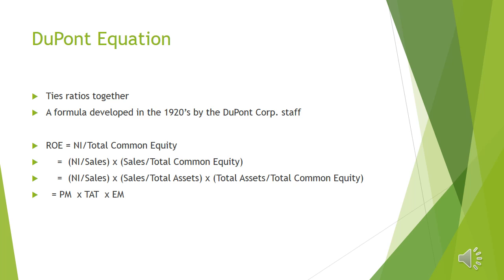So the DuPont equation, which was developed in the 1920s by the staff at the DuPont Corporation, and hence the name, enables us to do that. And basically the DuPont equation is a calculation of the ROE by breaking it down into three components: the profit margin, the total asset turnover, and the equity multiplier.